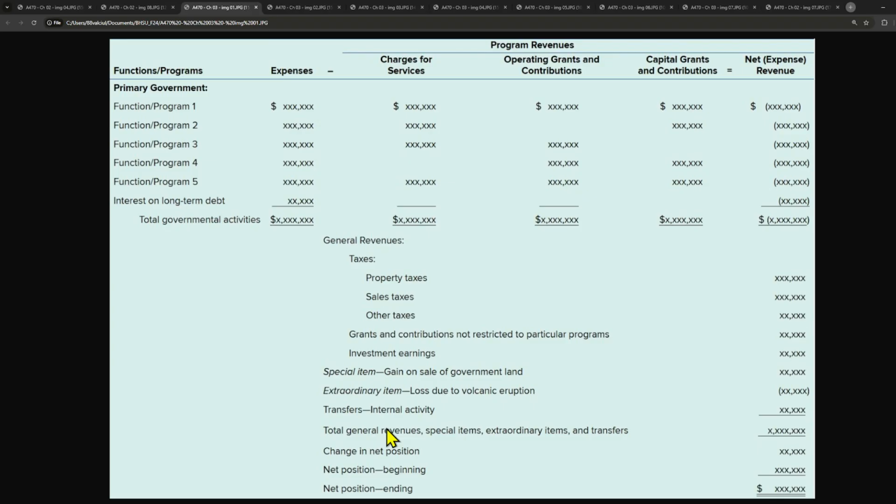Because if they did provide resources and we're expecting some sort of service, then that makes it a function, right? Functions are specifically where we charge for the service. So a transfer here is just a one-way transfer. There's no reciprocal return of a service or something else like that. So just make sure you understand that definition.